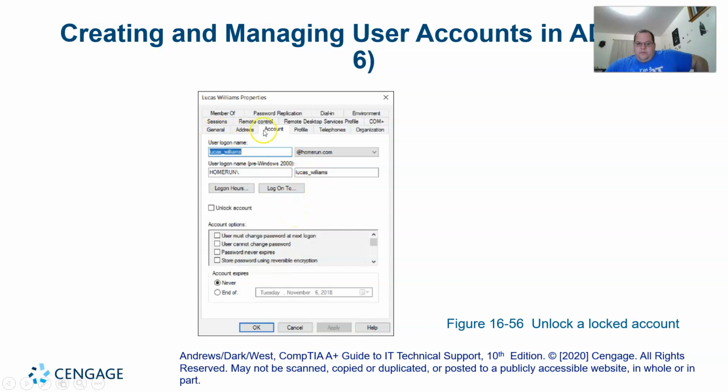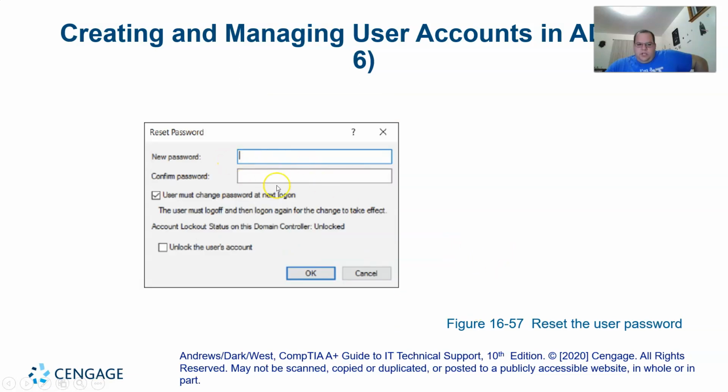I go to the general tab, and I could change his password from there. So you go to reset password, and they're going to ask him for it. Check User must change password, because you're going to give him a basic one like Summer20, and then he'll change it to what he needs to.